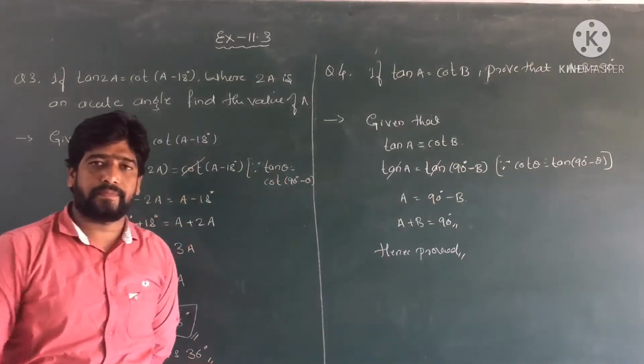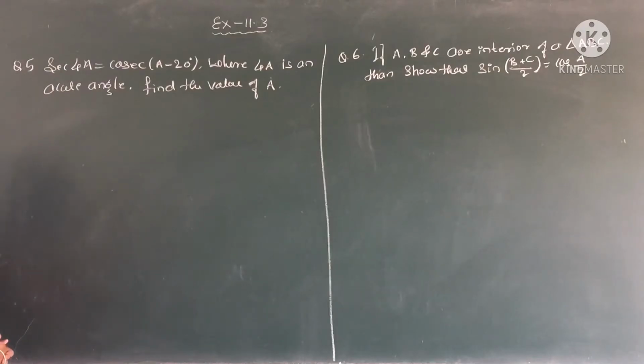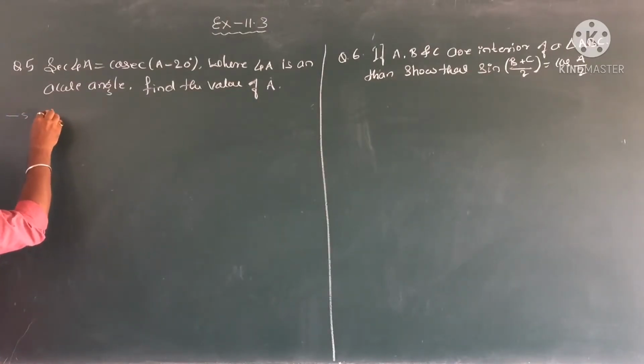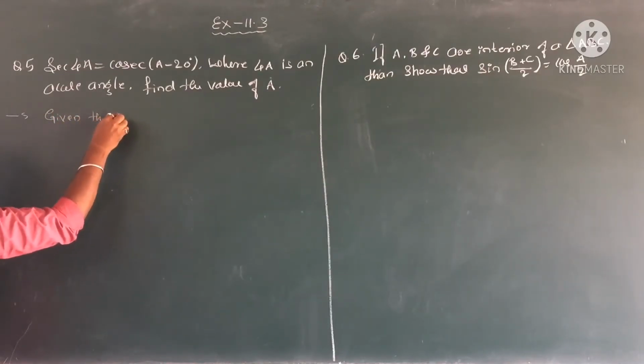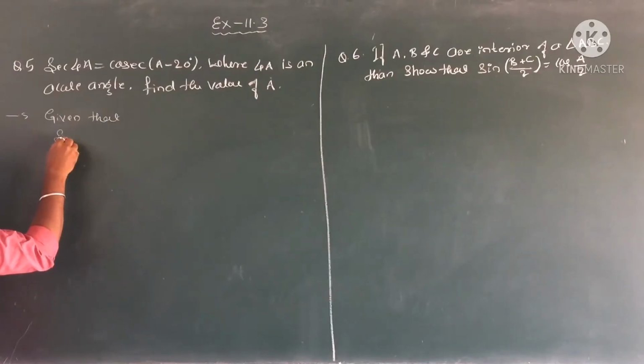Is it clear? Sec 4a is equal to cosec (a minus 20), where 4a is an acute angle. Find the value of a. So here we want to find out the value of a. So first write down given that. So what is given?